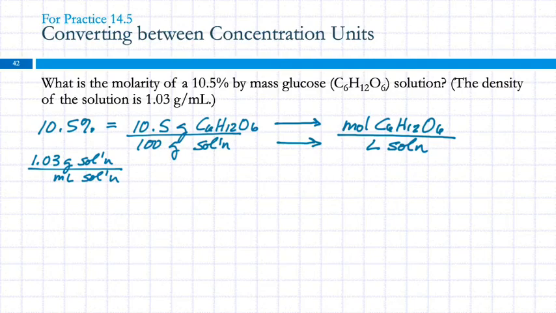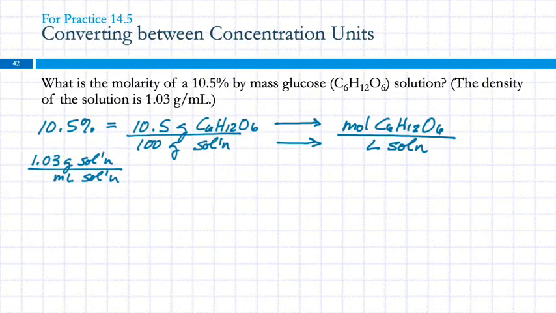So what else could we do? Well, we can do essentially the same thing, but separated so it's less confusing. This is my concentration. I can take the 10.5 grams of sucrose and convert to moles and just figure out what that is. And I can take my 100 grams of solution and convert to liters and write that down and figure out what it is. And then I can put the two together for the molarity. So that's what we're going to do.